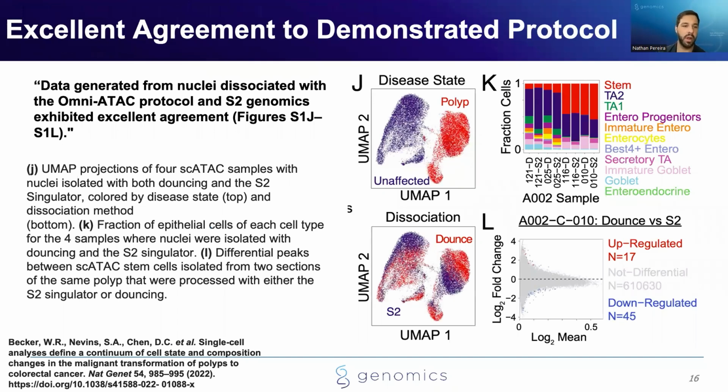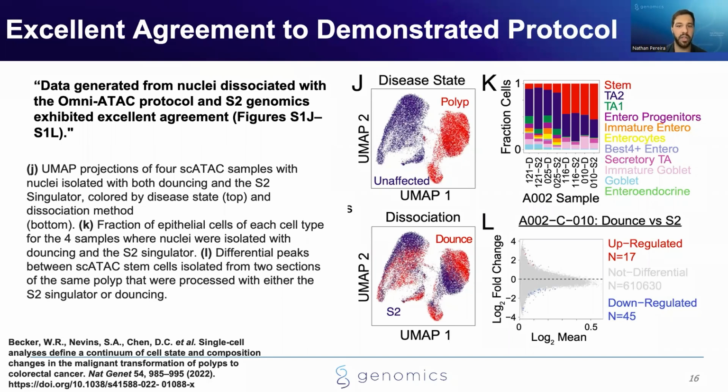This comes from a group at Stanford University in California. They were doing the OmniATAC protocol on diseased intestinal polyps, and they were gracious enough to test our system against the gold standard OmniATAC protocol. What they found was, in J, the Dounce and S2 methods overlap very nicely.